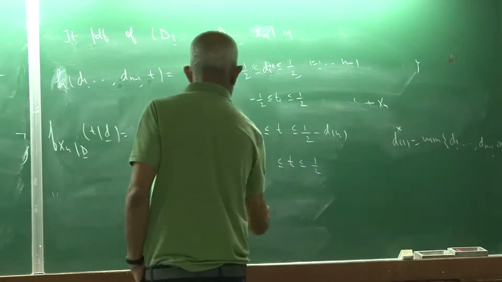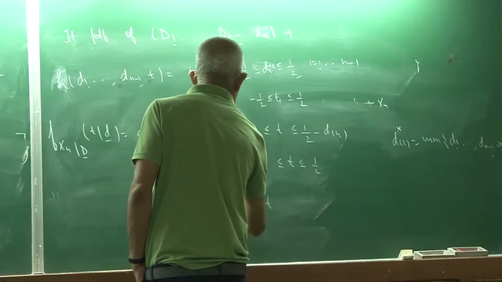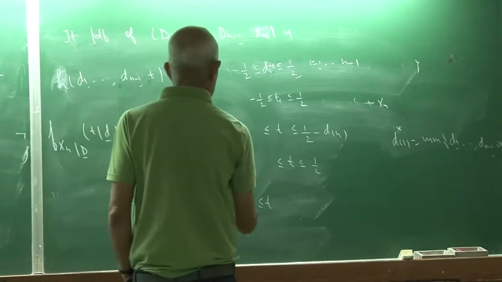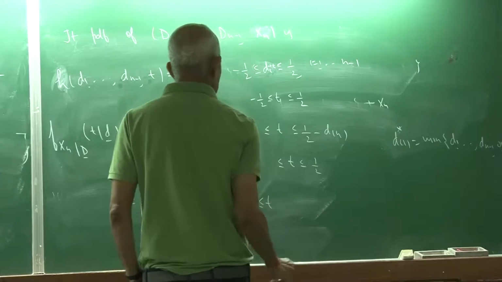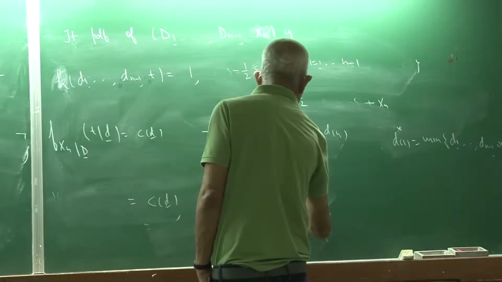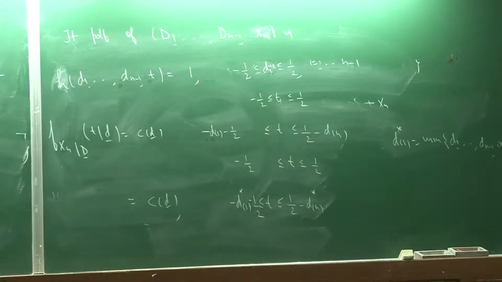So this is the same as C of d if t is greater than or equal to minus d1 star minus half and less than or equal to half minus dn star.